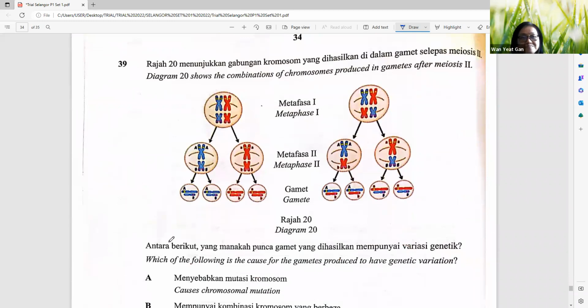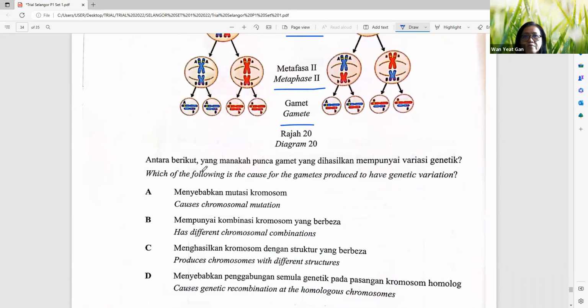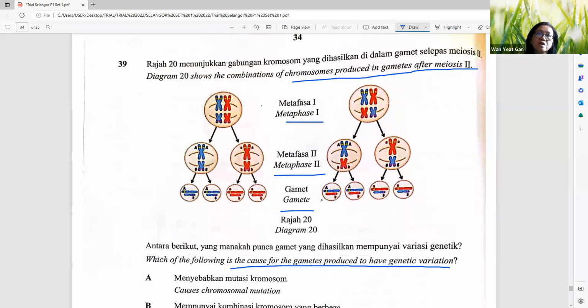Okay, 39. The diagram shows the combination of chromosomes produced in the gamete after meiosis 2. This is metaphase 1, then metaphase 2, then the gamete. Which of the following is the cause for the gamete produced to have genetic variation? The genetic variation here is caused by different chromosome combinations. This is called independent assortment, in which the homologous chromosomes can align themselves at the equatorial plane in whichever position.